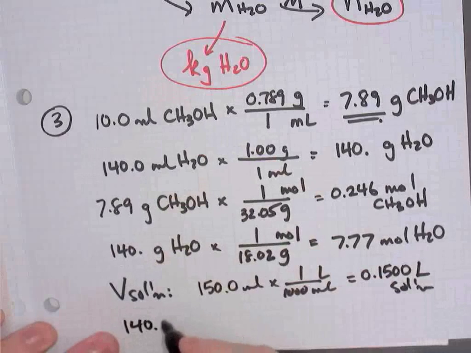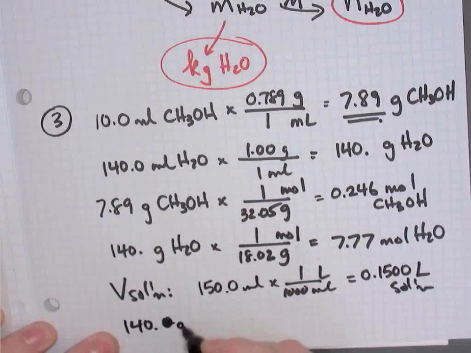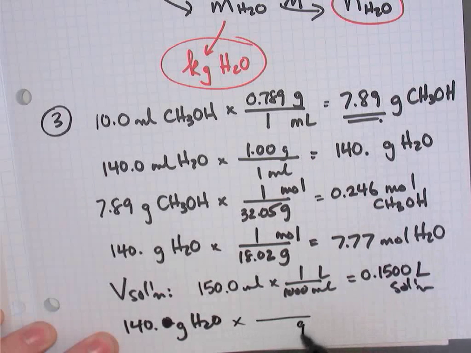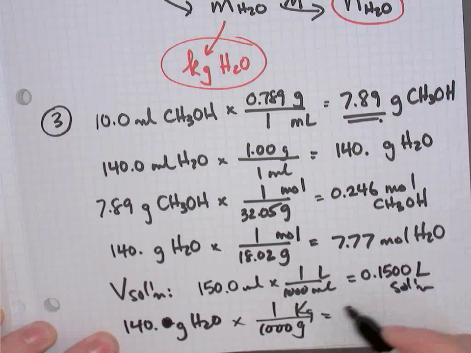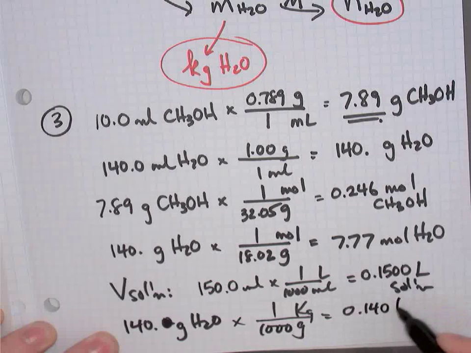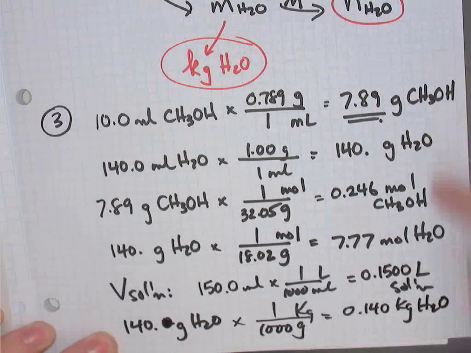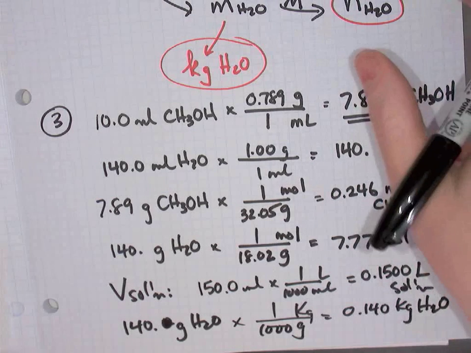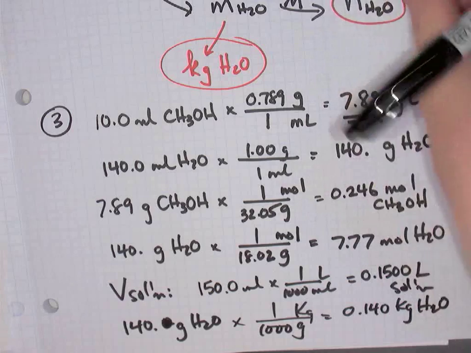So if we take 140 grams of water, get rid of grams, switch to kilograms, 0.140 kilograms of water. So we have now all the things we need to calculate the different concentrations that we were asked to find.